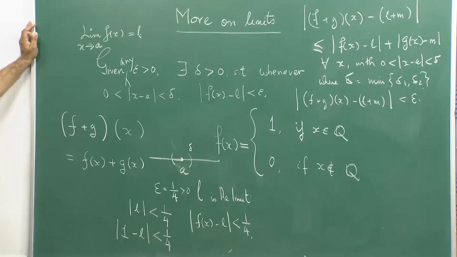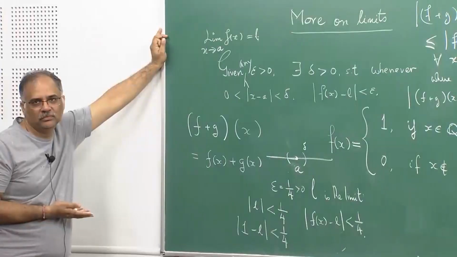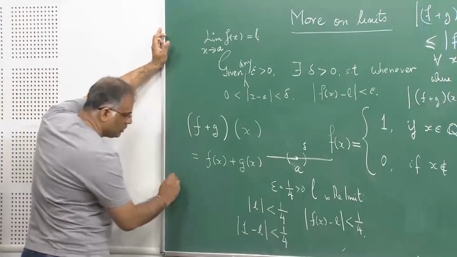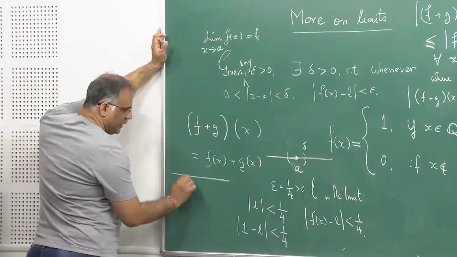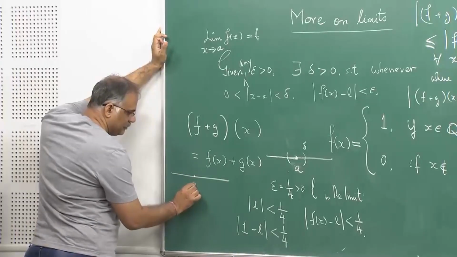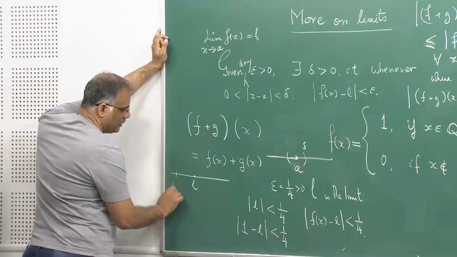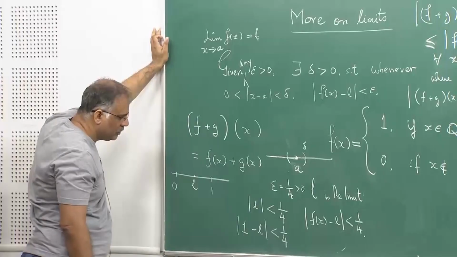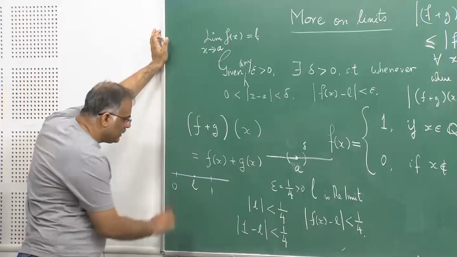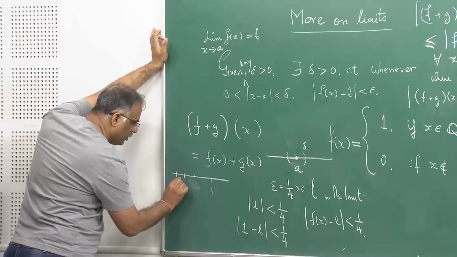Do you think these two quantities are possible at the same time? These two are not possible at the same time. Here is L, assume L is positive just for the moment, here is 0, here is 1. So L is less than 1/4, so L has to be here.